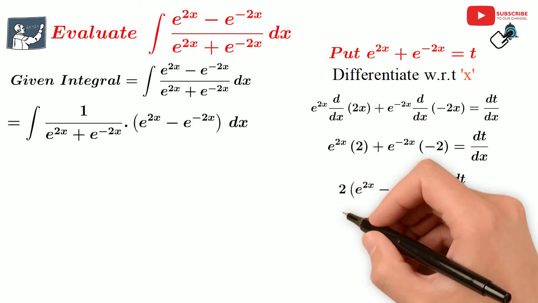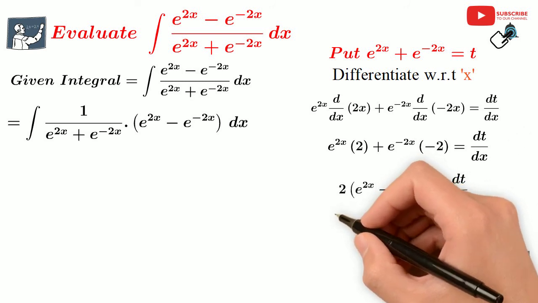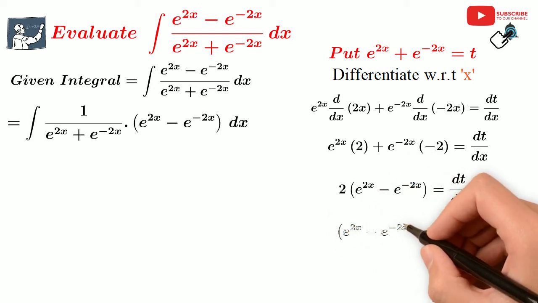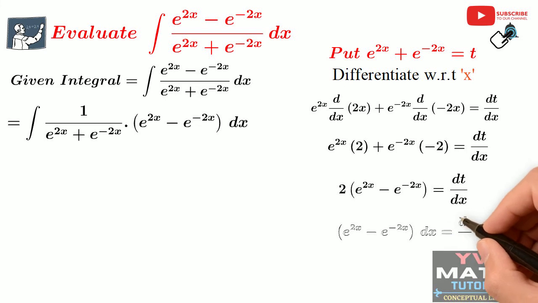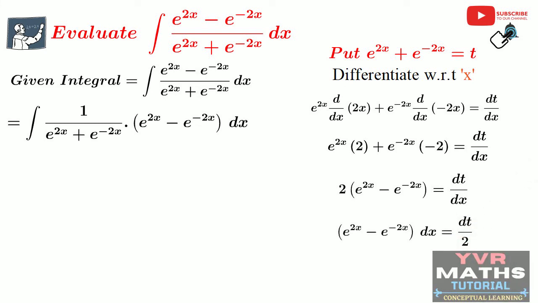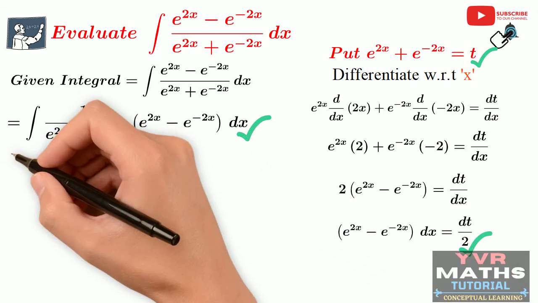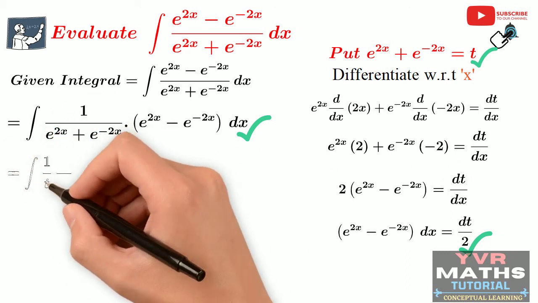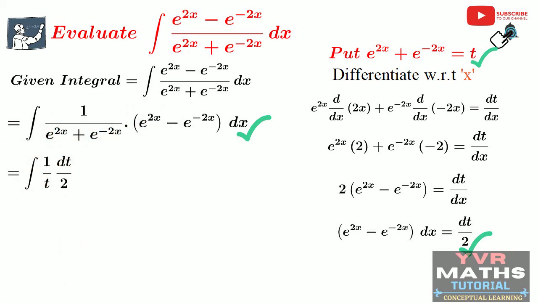If we cross multiply, then we get in the next step (e power 2x minus e power minus 2x) into dx is equal to dt by 2. Now, if we substitute this equation and this equation in the given integral, then we get integral 1 by t into dt by 2.